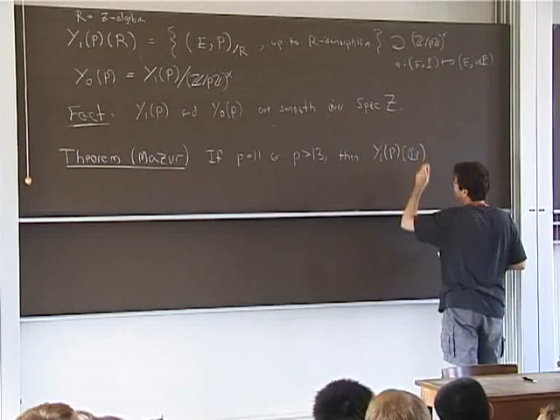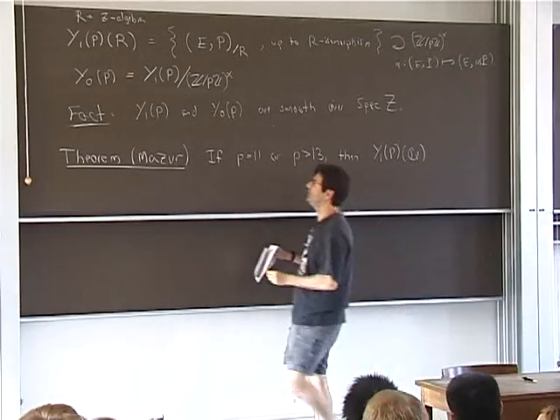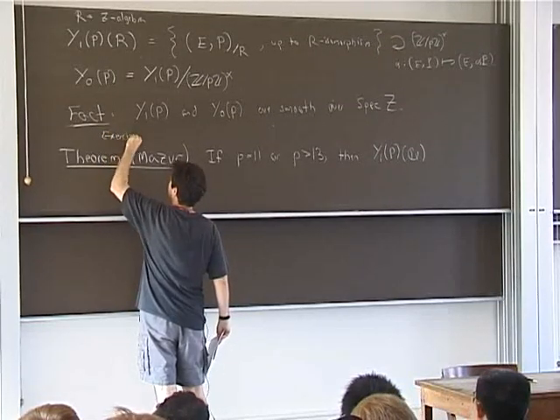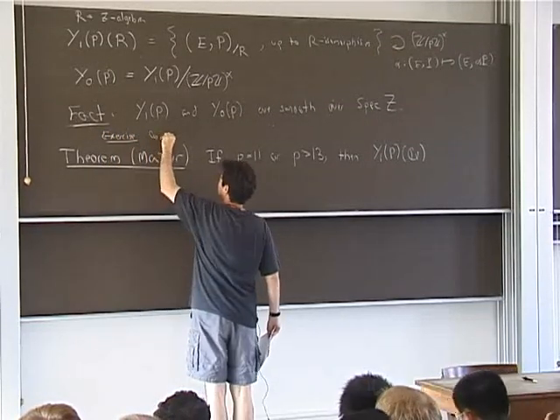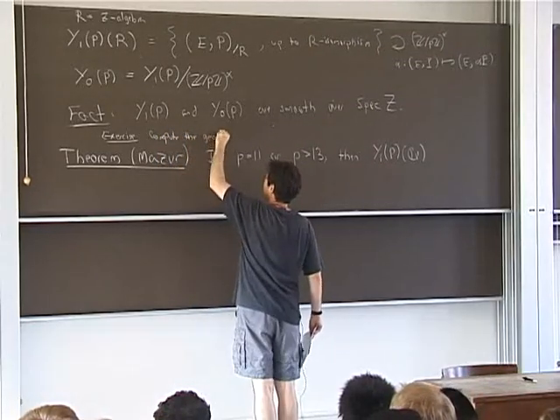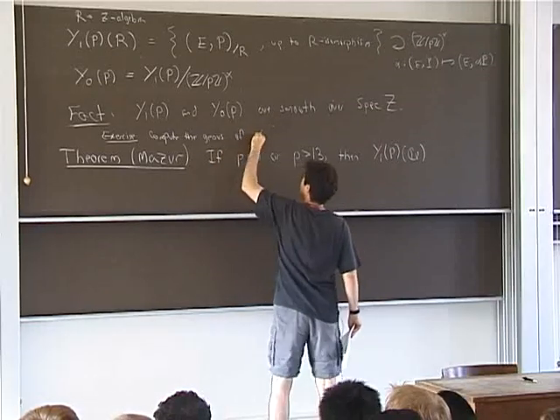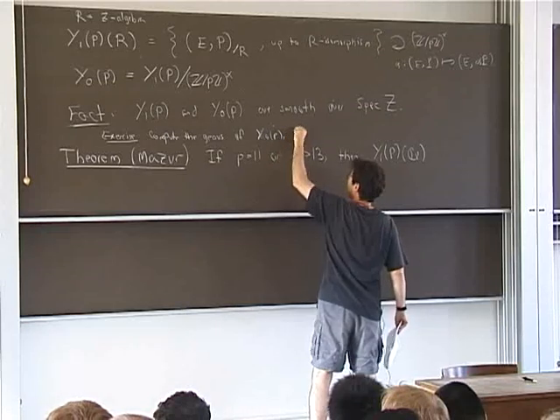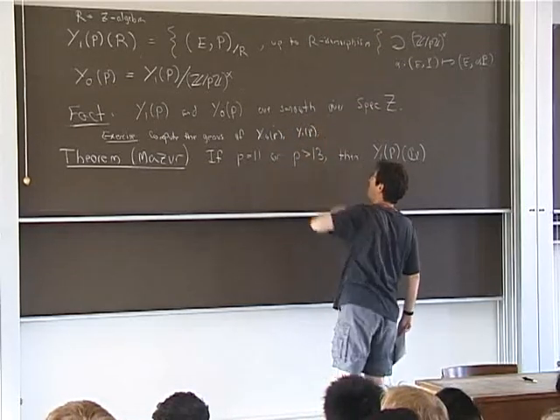It's not hard. Actually, maybe I should give this to you as an exercise: compute the genus of y0 of P and y1 of P.